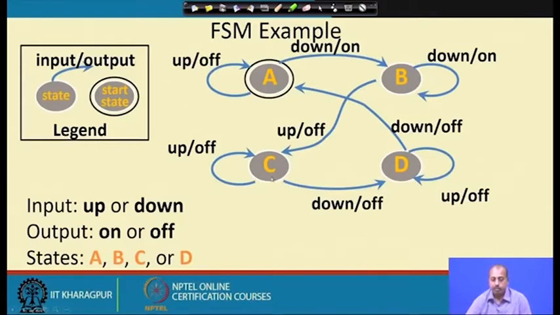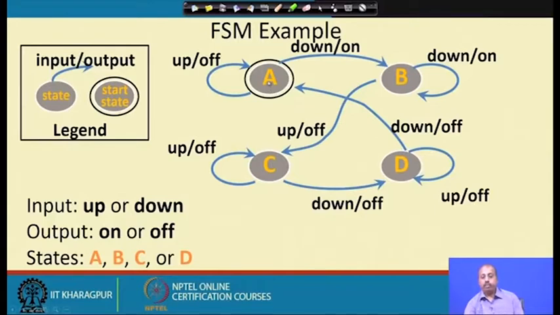If you put the switch in the down position from C, the light remains off, and similarly at state D, if you put it in the up position, the light remains off, and if you put it in the down position, also the light remains off. So, once you are in state D, the light is always kept off, whether you put the switch up or down.